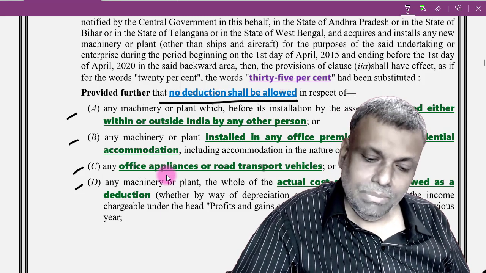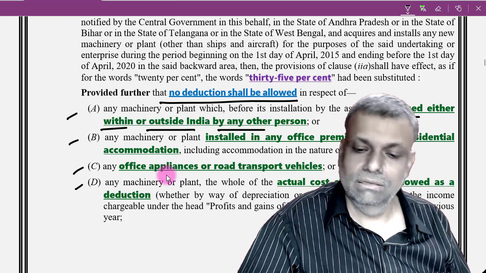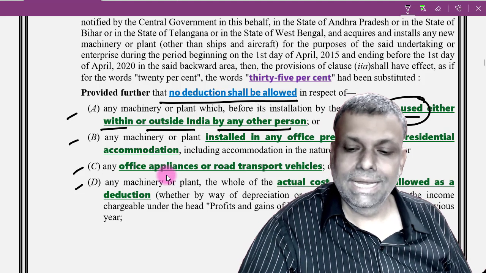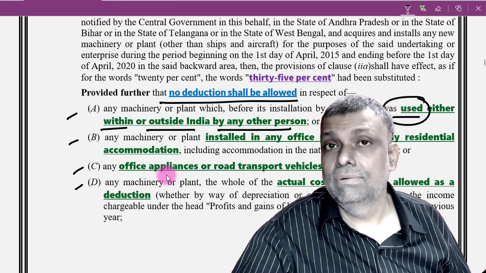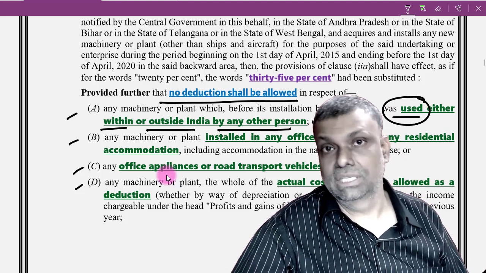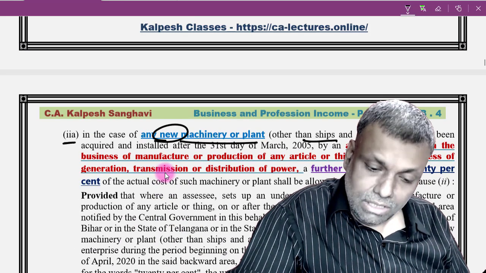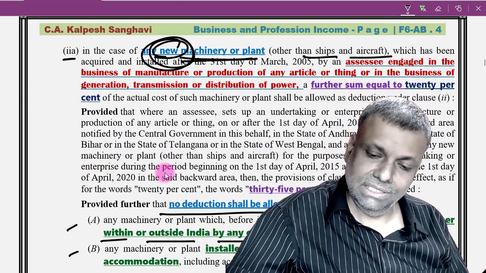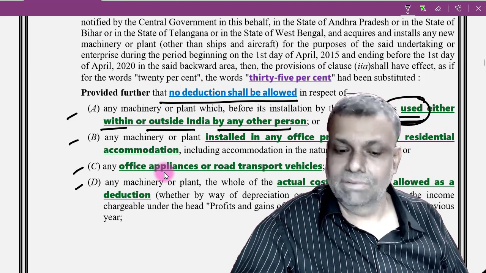Any plant and machinery which is used either within or outside India by any other person, in other words a second-hand asset, will not be eligible for additional depreciation. Put differently, only new plant and machinery is eligible. Any asset which is already used is not eligible.